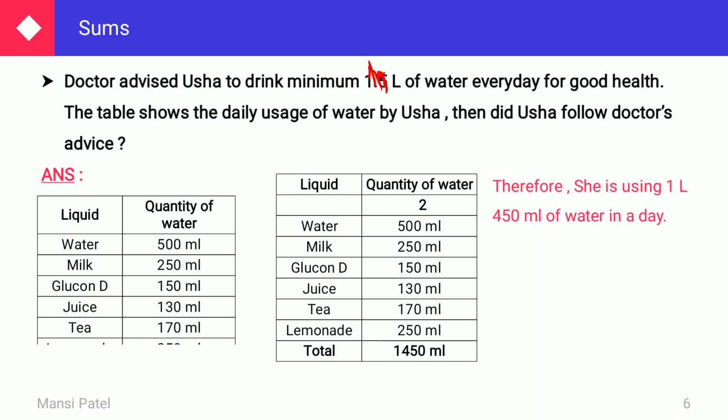So did she follow the doctor's advice? Yes, she follows the doctor's advice. If she consumed less than 1 liter, then we would say no, she did not follow the advice. But here she is drinking more than 1 liter every day. Therefore, she follows the doctor's advice.